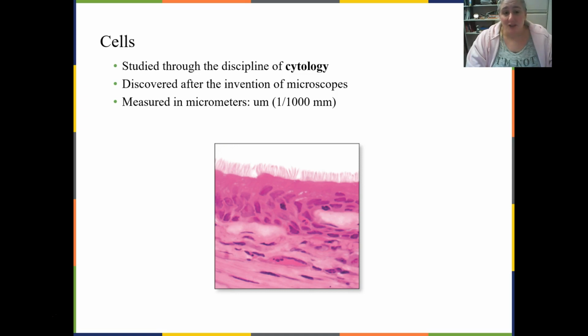So we measure cells in terms called micrometers, and that's the abbreviation for micrometer, and a micrometer is 1/1000th of a millimeter. So this is a tissue that is composed of multiple cells, and tissues are made up of multiple cells, and this tissue actually comes from the lungs.